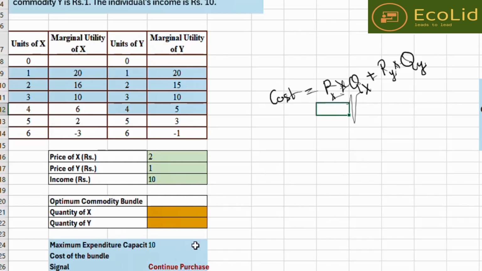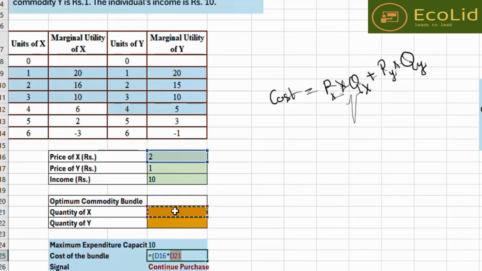So here if I calculate the cost of the bundle, it will be equal to, first bracket, price of the commodity X multiplied by the quantity of that bundle. Quantity of that bundle we did not decide yet, we will decide it, but now we are multiplying it just because of the need of the formula.